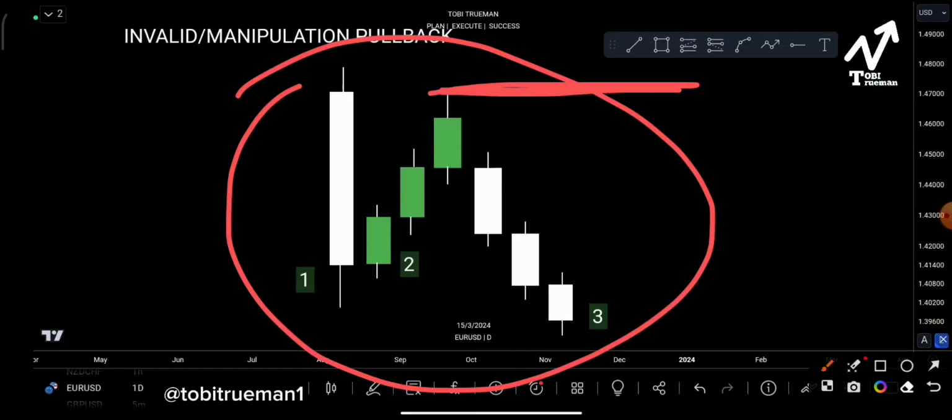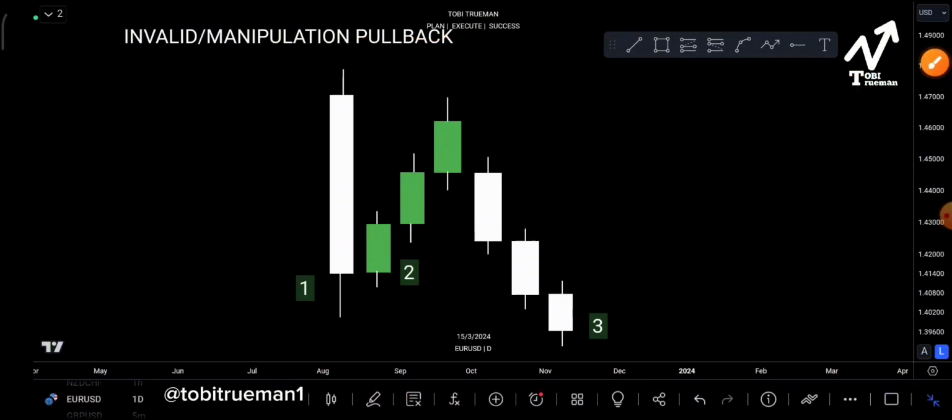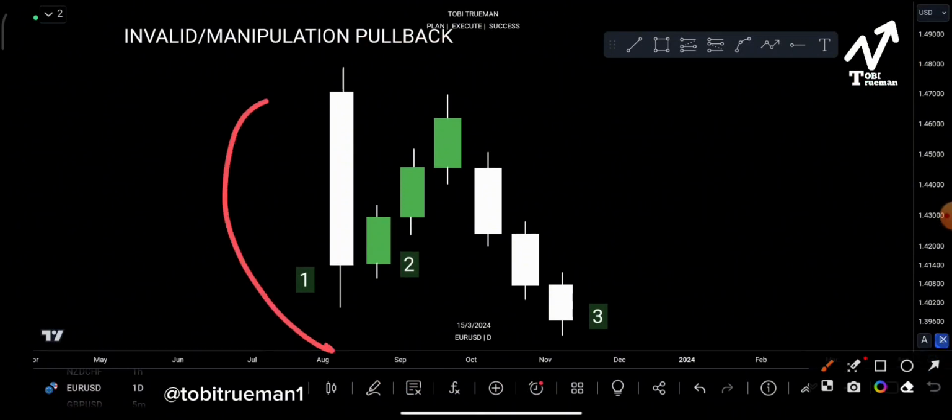All the information that price is passing has to be valid and correct, otherwise we'll be making errors and thereby losing money. A lot of people will mark this point as a valid inducement, but no, that is not correct. This is an invalid pullback. It is not a correct pullback, as I've explained.